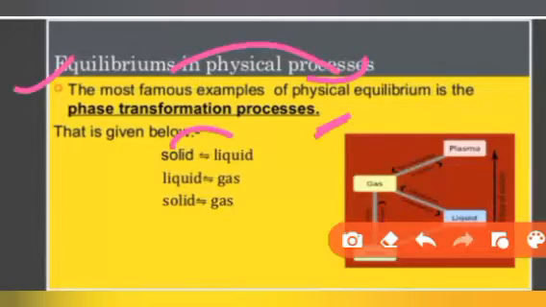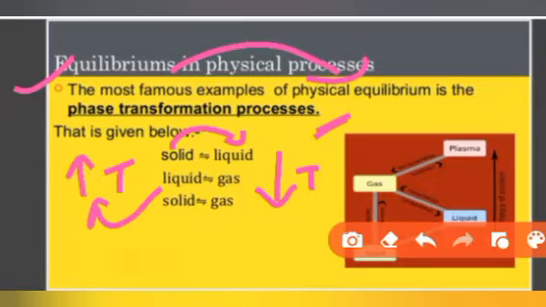It means that solid changes into liquid when we increase the temperature. On the other hand, liquid will change into solid again when we decrease the temperature. Similarly, liquid will change into gas when we increase the temperature, and gas will change into liquid when we decrease the temperature.